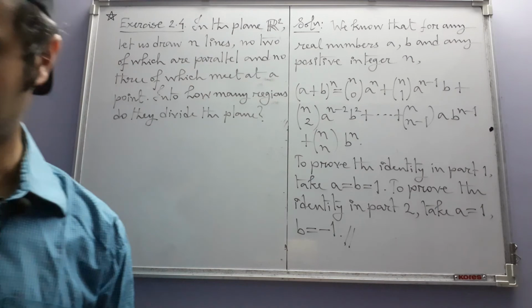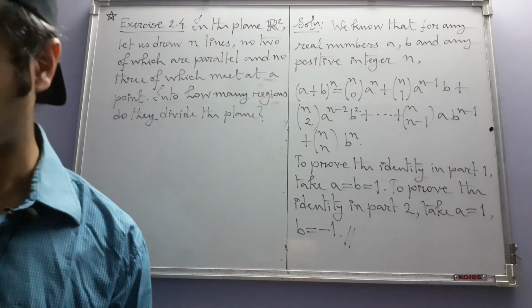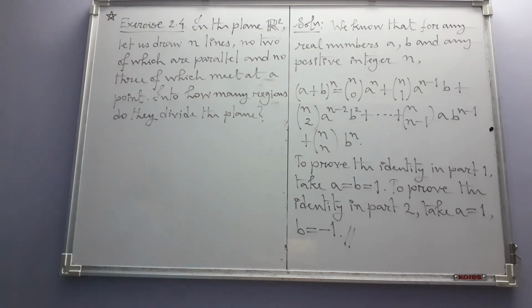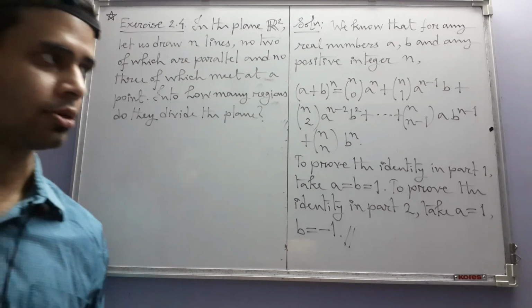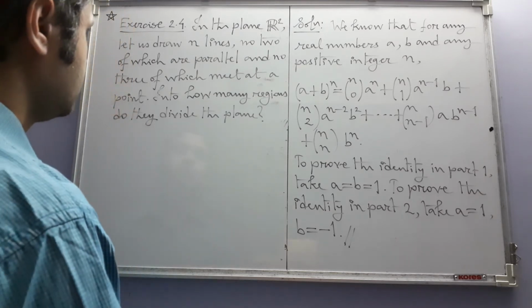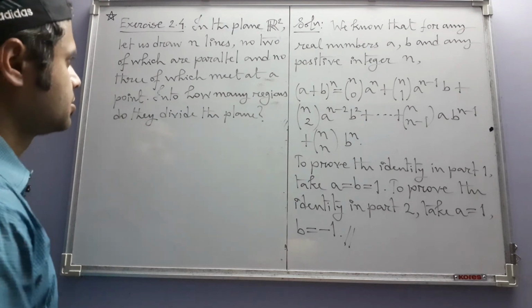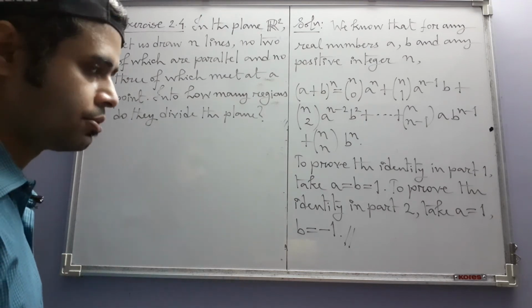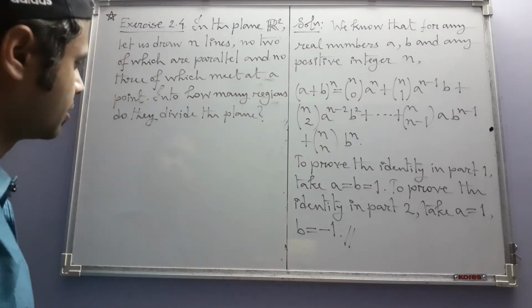Let us see some values of n and what happens when you consider those values of n. N lines means you can take n equal to 1, you can start from there.